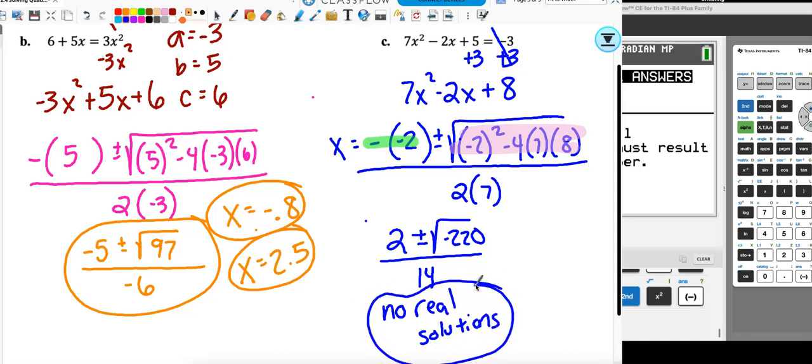Okay, so remember on a graph, that's something like this, where it is not hitting the x-axis. So there are no real solutions. Okay, all right, so that is solving the quadratic formula, or solving by using the quadratic formula. So you can go ahead and watch the last video on quadratic real-world problems.